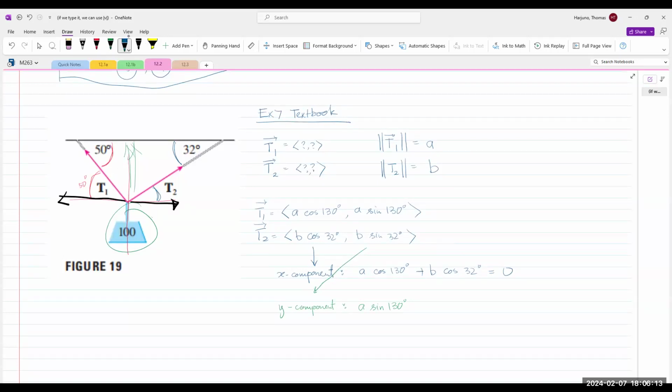The y component of T1 and the y component of T2 working together equals 100. Now, we need to find A and B first. Once we know what A and B are, then you will know the exact expression for tension 1 and tension 2. Okay, I'm sorry, I wrote something wrong here. It should be sine.